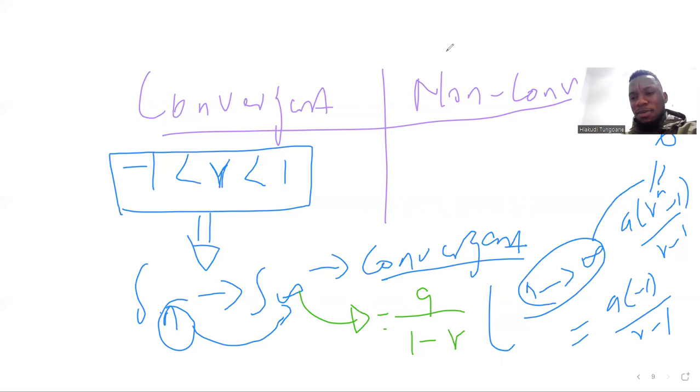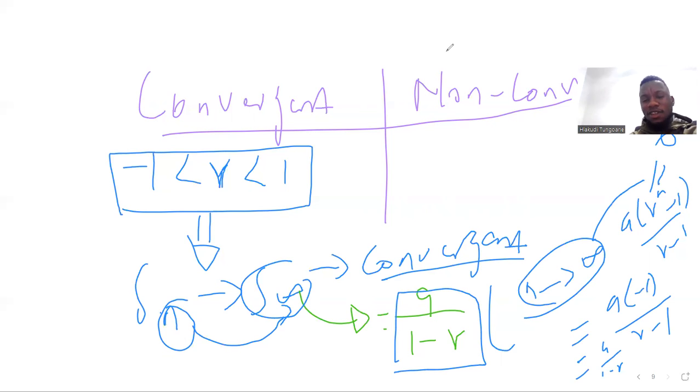If you multiply by -1 on both sides, we divide by -1, then we're going to have a over 1 minus r. So essentially, this is your sum to infinity. If the examiner asks you to determine the sum to infinity, this is the formula you're supposed to use, and that's the number your sum will converge to.